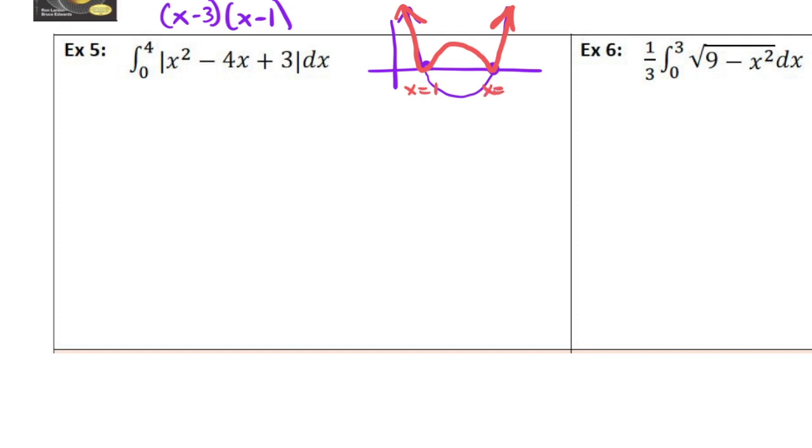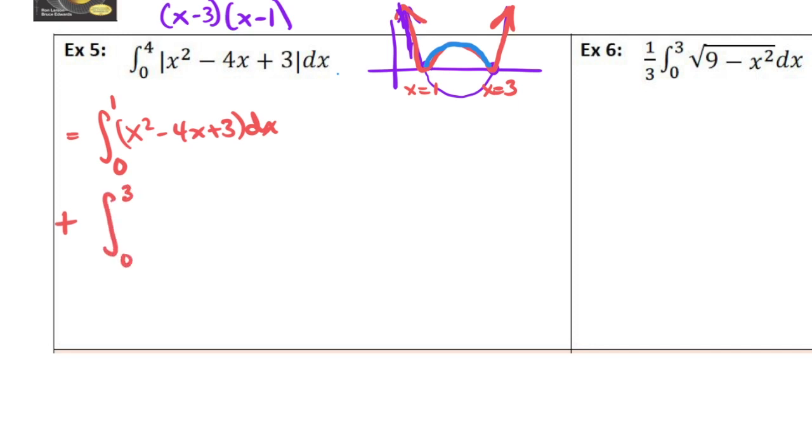When you rewrite your problem, you would rewrite this as the integral from 0 to 1. Now notice you're using the original function for the first part of the problem, and the original function is x squared minus 4x plus 3 dx. Plus, now the next part of the function is the part that bounced up, so it's actually the opposite sign of what we are working with.